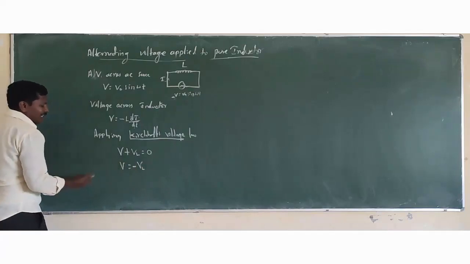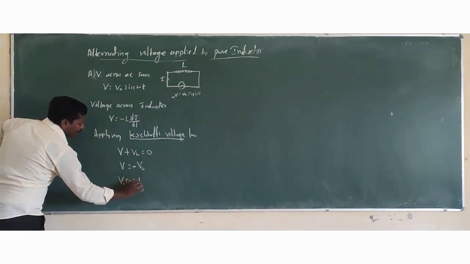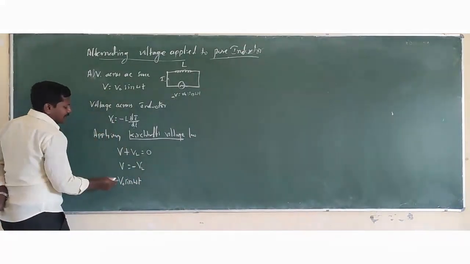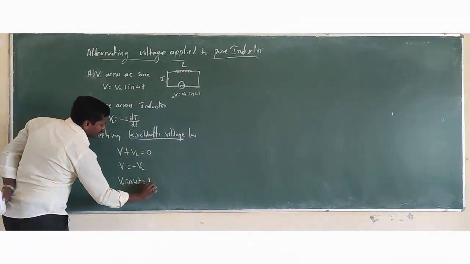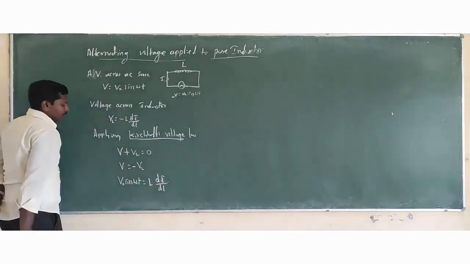We know that V is nothing but V naught sin omega t. VL, with the minus, minus into minus becomes a plus, L di divided by dt.